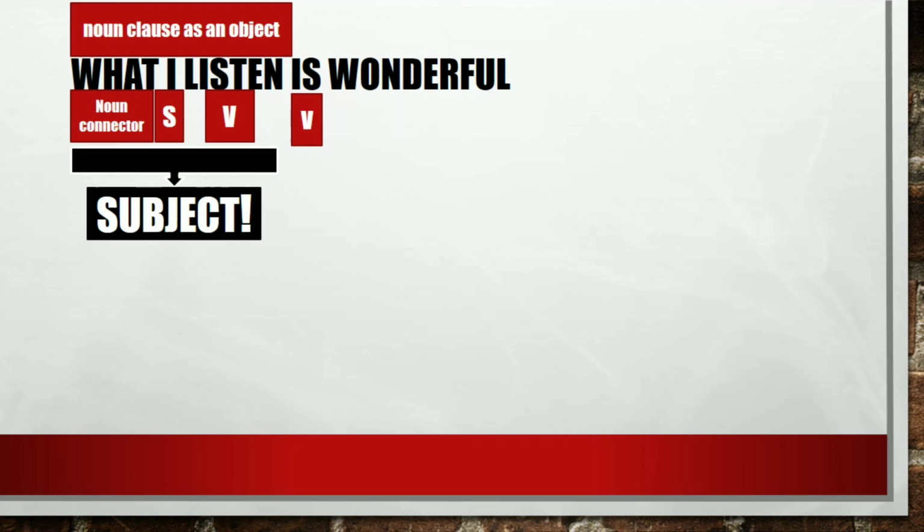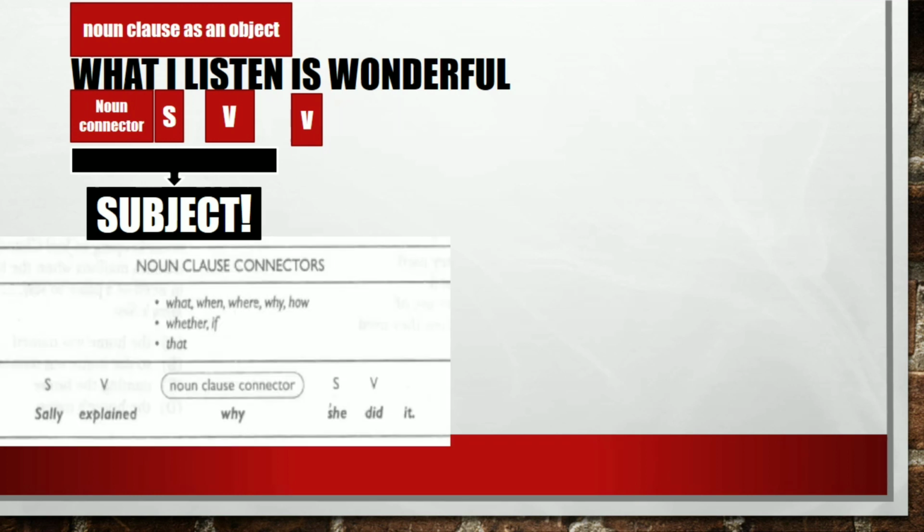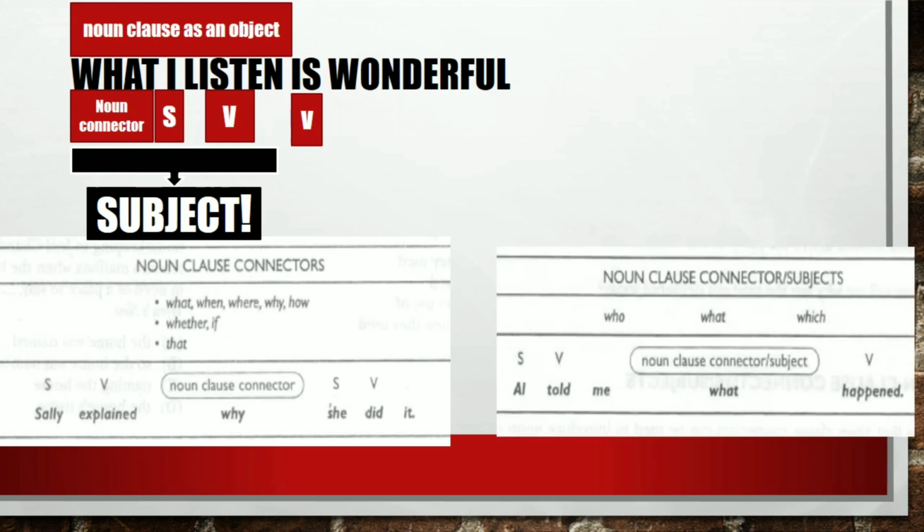Oke, jadi a noun clause, baik sebagai subjek atau objek, is formed by a noun connector, subject, atau langsung verb. Noun connector, as what I presented previously, is not only what, but there are many, such as when, where, whether, if, that, who, which.